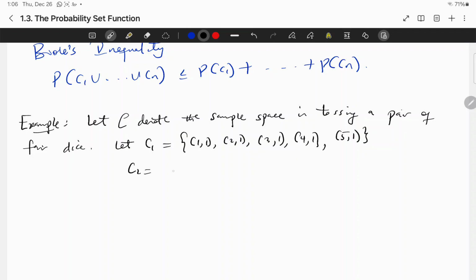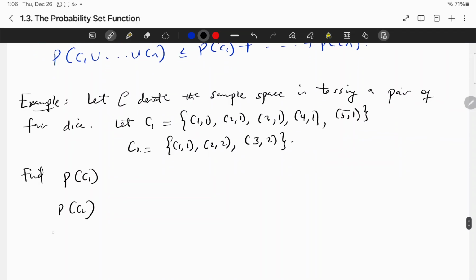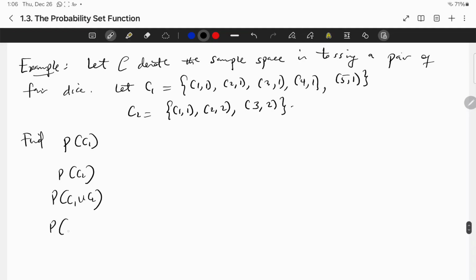So we have C2 equal to (1,1), (2,2), (3,2). So we have to find P(C1), P(C2), P(C1 union C2), and P(C1 intersection C2).